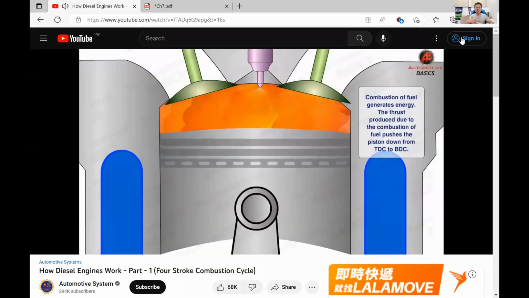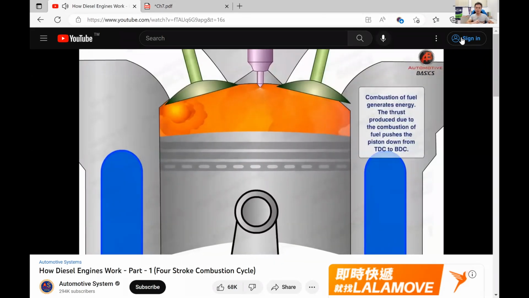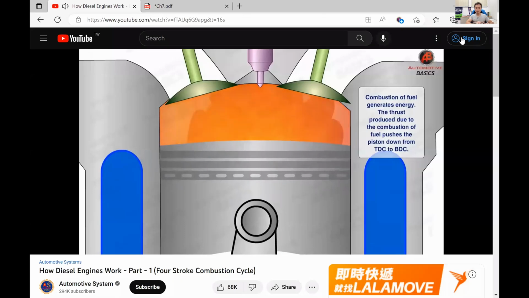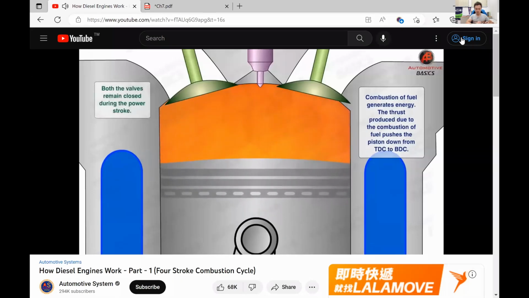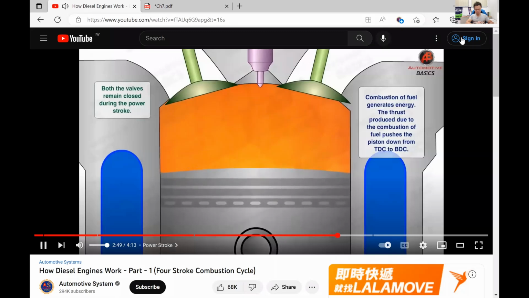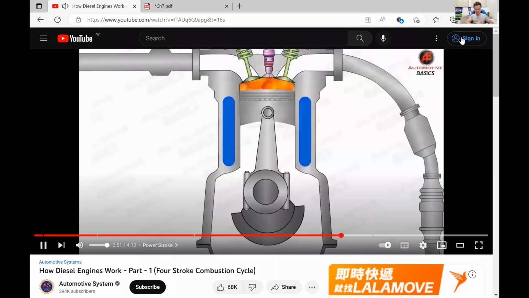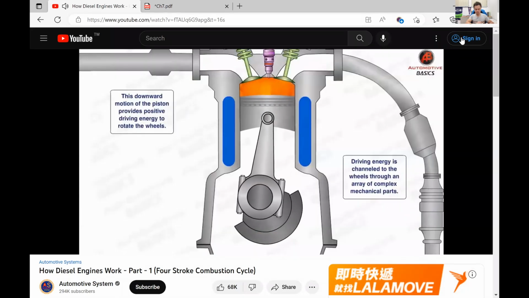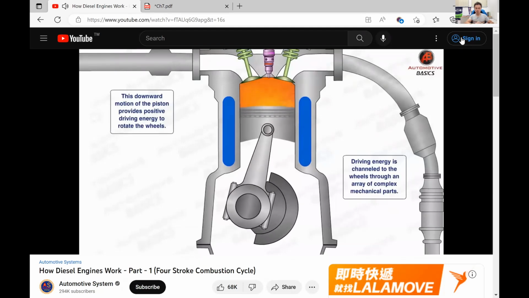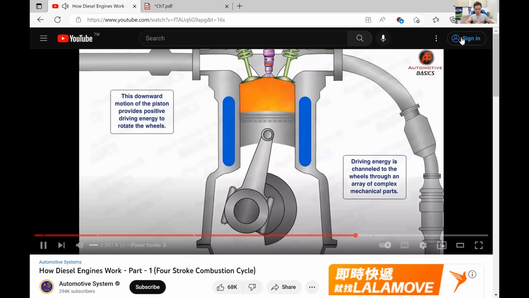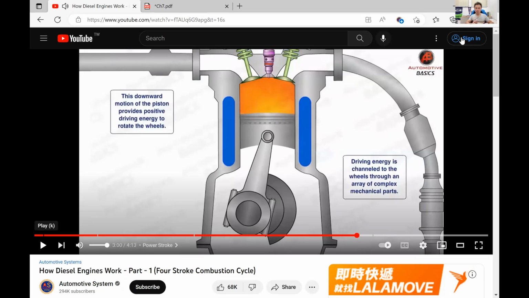Then it pushes down the piston to produce power. So this is the power stroke. Then after that, the piston moves up again to expel the exhaust gases. Okay, that's it.